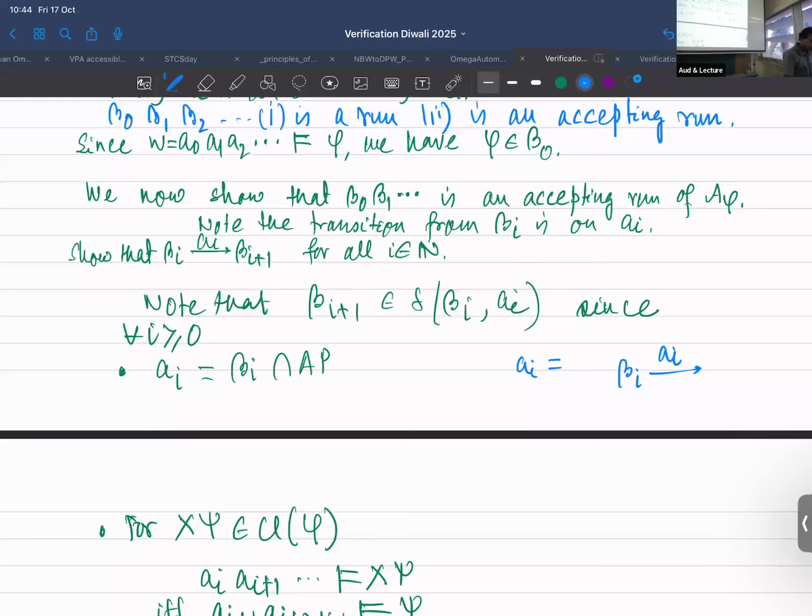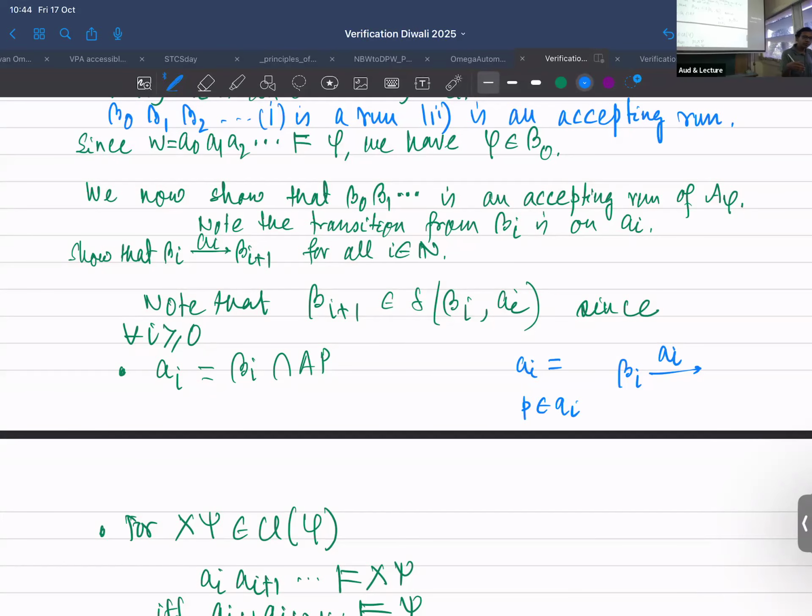And if I'm considering a formula psi which is just an atomic proposition P belonging to AI, right?